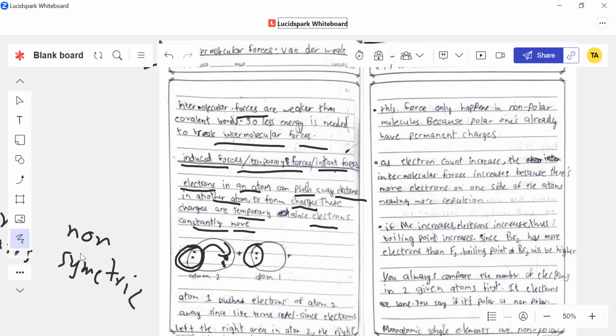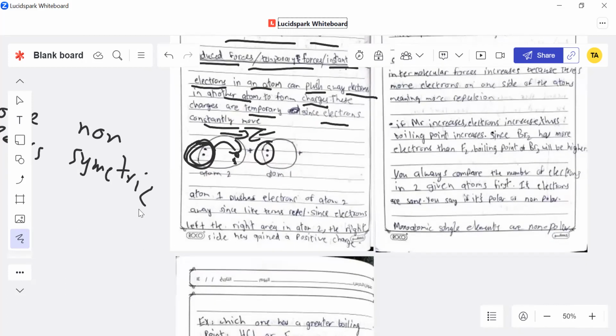Now the repulsion is much more. This will cause more repulsion, and this will be less repulsion. So the molecules would be closer at this point when the electron is far away. This is called induced forces. You don't really need to know how it's caused. You just need to know that they are weaker compared to intramolecular forces.